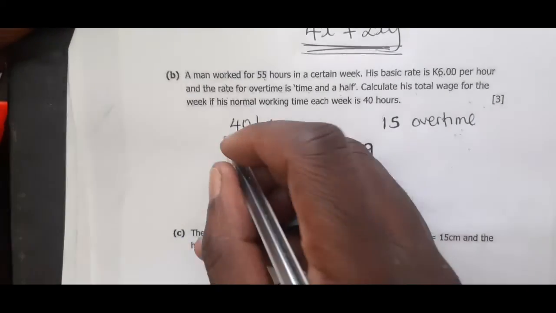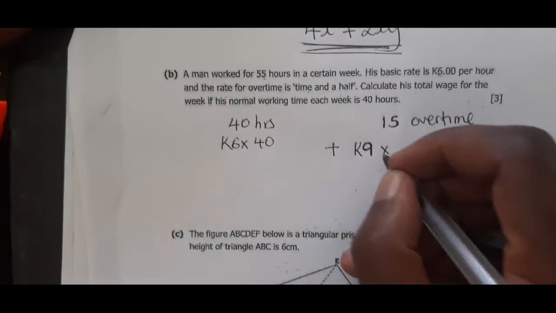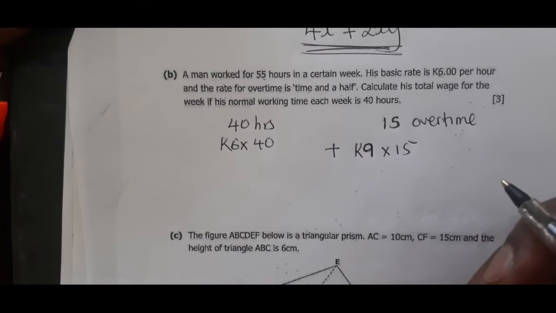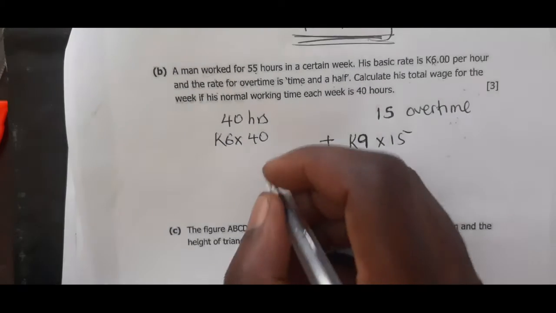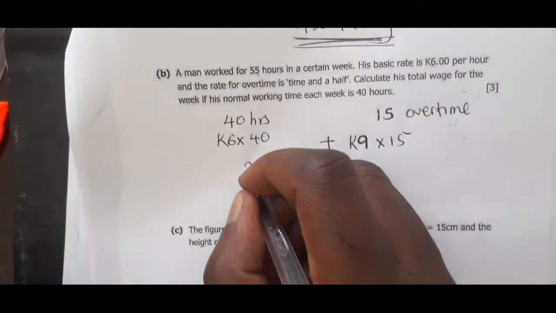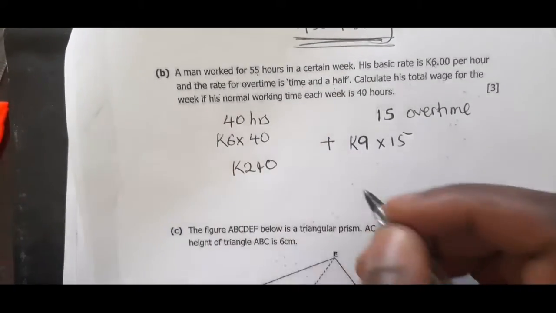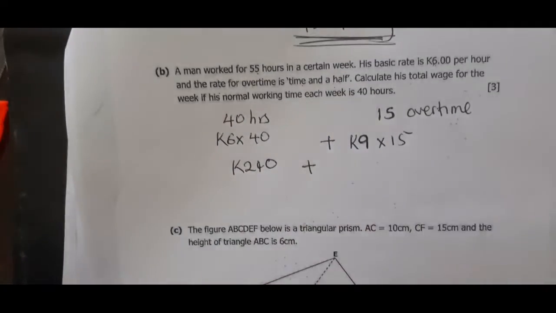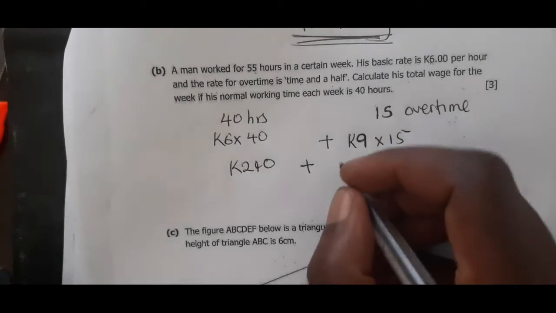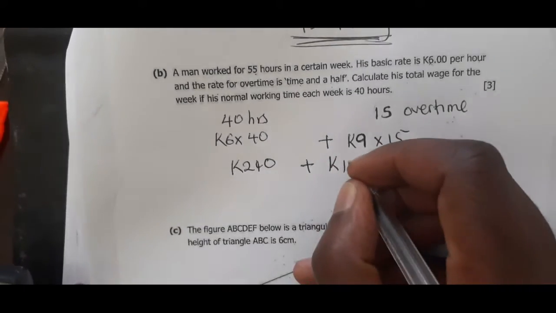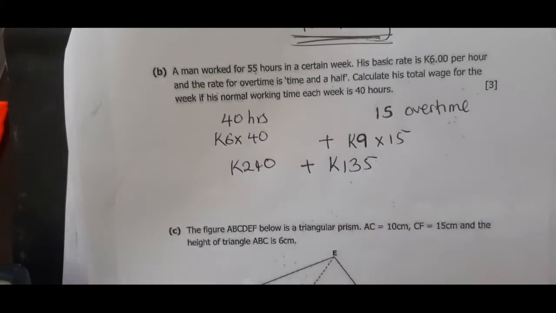So 9 kwacha multiplied by 15. Let's see. Can we multiply? This is going to give us 240 kwacha, plus, what are we getting here? Can we multiply 9 by 15? We're going to get 135 kwacha.